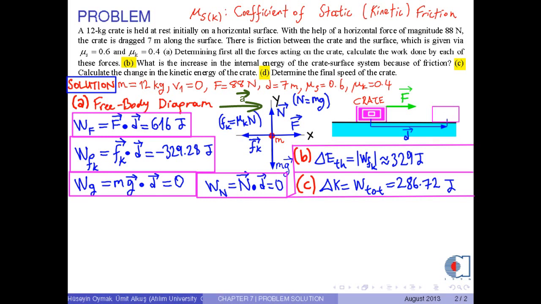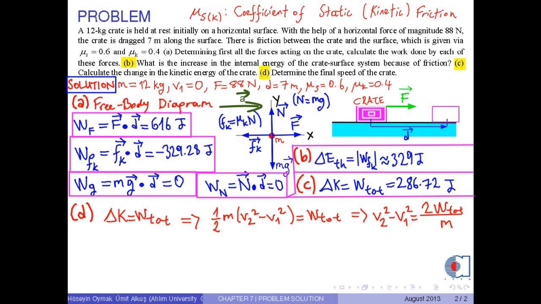D. Determine the final speed of the crate. Again, by the help of the kinetic energy-work theorem, the change in the kinetic energy is found by 1 over 2 times m times (v2 squared minus v1 squared), which is equal to total work. Or simply, v2 squared minus v1 squared equals 2 times total work over mass.